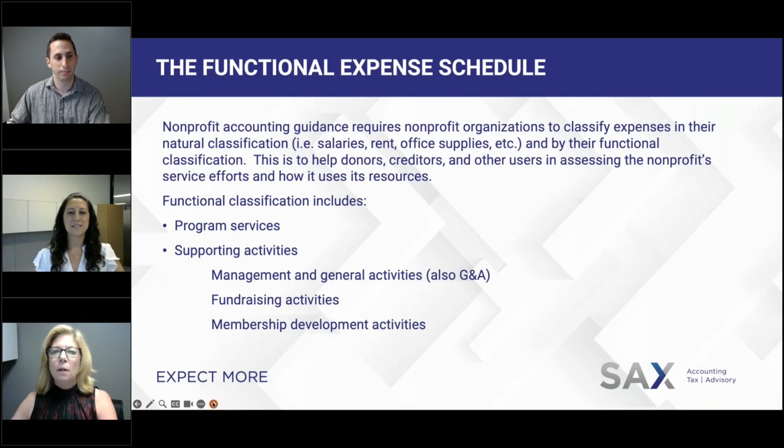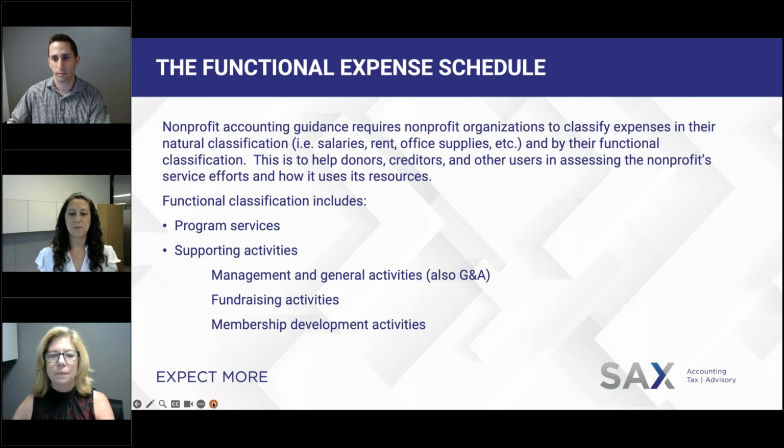So the functional expense schedule for nonprofit organizations, the accounting guidance requires that nonprofits have this. You're required to have your expenses in their natural classification as well as by their functional classification. So natural classification we know is salaries, taxes, rent, utilities, office supplies, things like that.